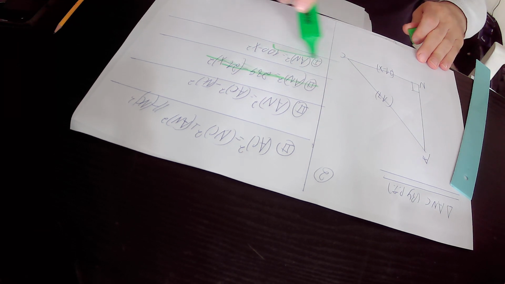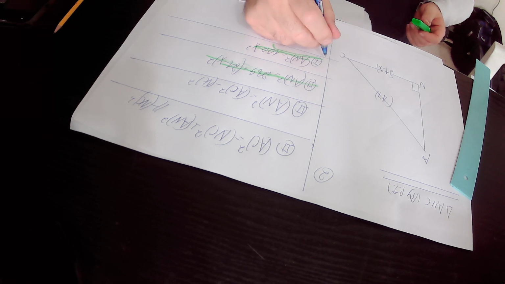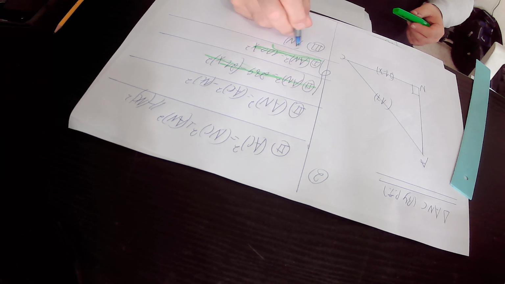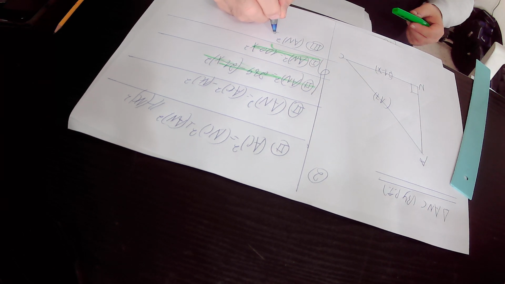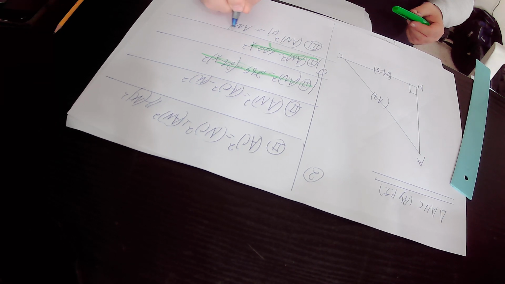So we have two different expressions for the value of AN squared. Therefore, we get equation 3, which states that AN squared according to equation 1 must be equal to AN squared according to equation 2.